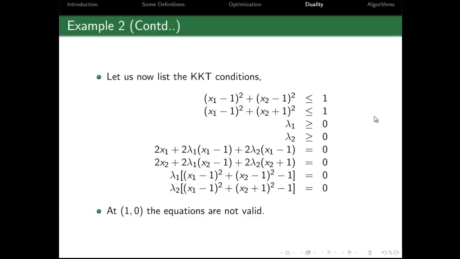Now let us list out the KKT conditions. The first two are the primal feasibility conditions, the second two are the dual feasibility conditions, the next two are obtained by differentiating the Lagrangian with x1 and x2 respectively, and the next two are obtained by writing the complementary slackness equations.